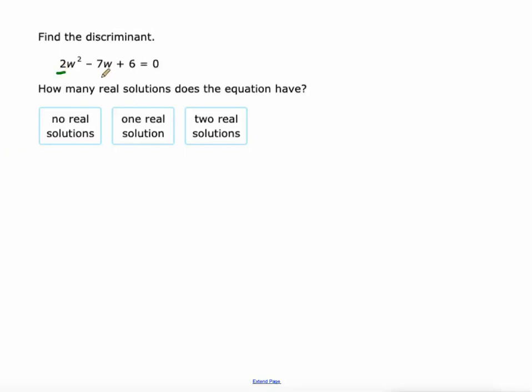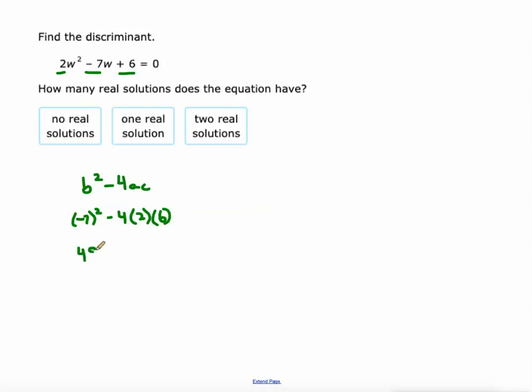Just find the discriminant. Now here we are being asked how many solutions this equation has. So I see that a is 2, b is negative 7, and c is 6. So let's find the discriminant first, which is b squared minus 4ac. B squared, or negative 7 squared, minus 4 times a, which is 2, times c, which is 6.